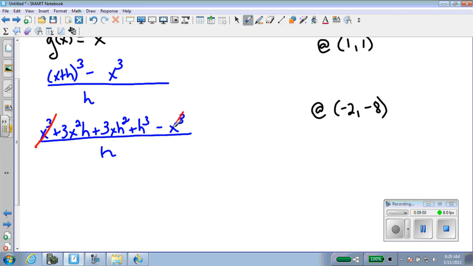My x cubes are going to cancel. Every remaining term has an h in it, so I'm going to factor out that h and cancel it with the denominator. 3x squared plus 3xh plus h squared, and I am going to take the limit as h goes to 0. So this term will zero out, and this term will zero out. And so my formula for slope is 3x squared.